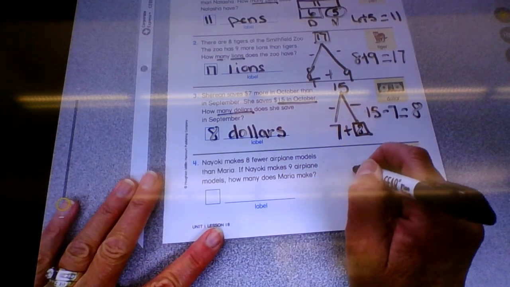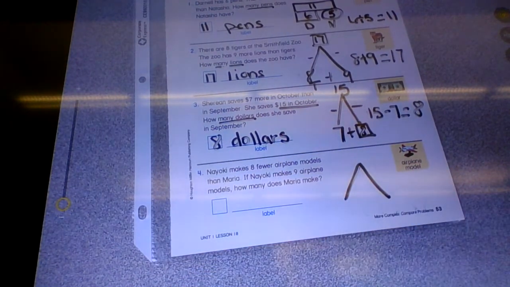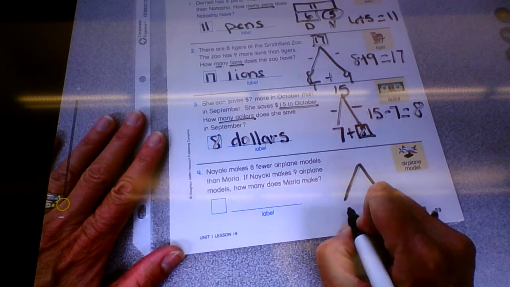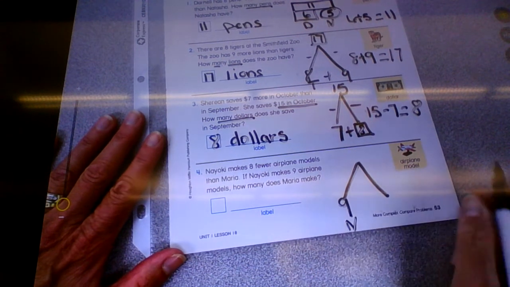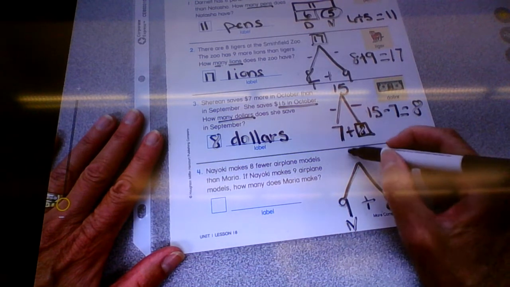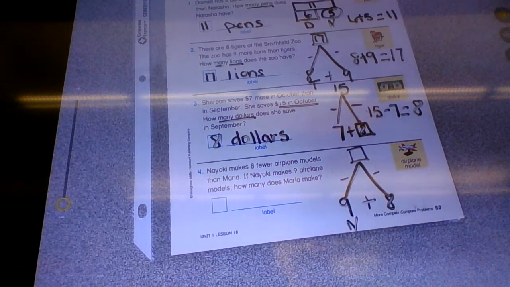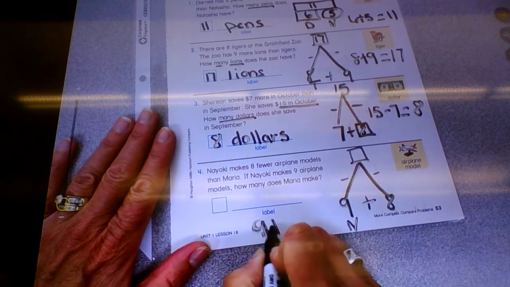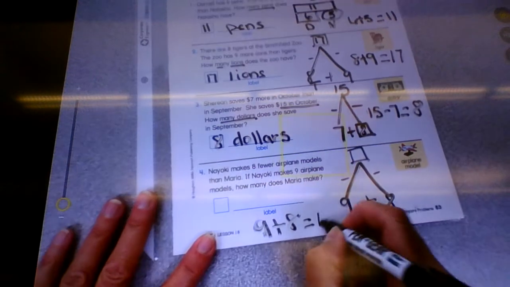So, like I said, sometimes they're so complicated, sometimes you just have to think logically through this. So we have 9. Okay, Naoki makes 9 airplane models and 8. And we know if we have 2 partners, we're going to end up adding. Okay, so 9 plus 8. My pen is dying out here. 9 plus 8, and that equals 17.